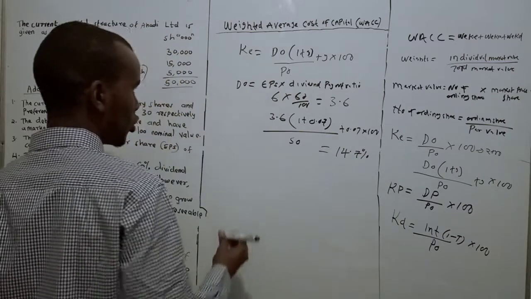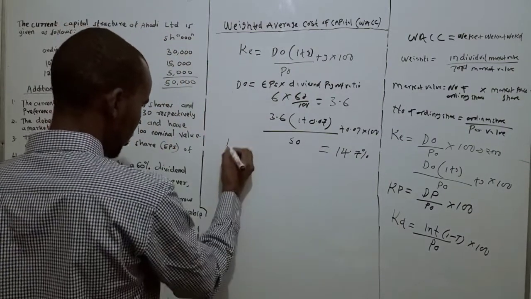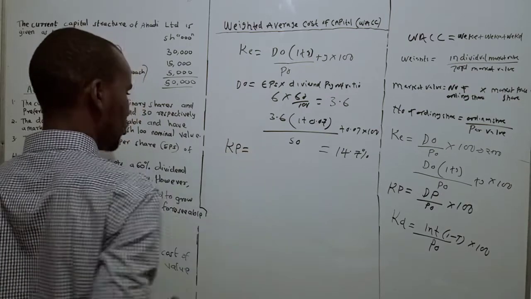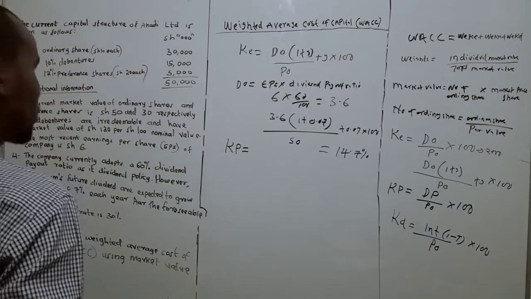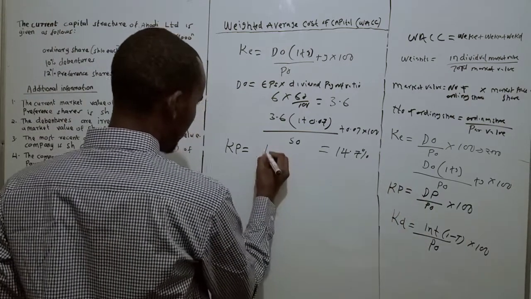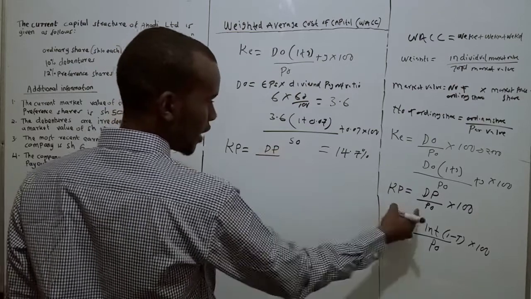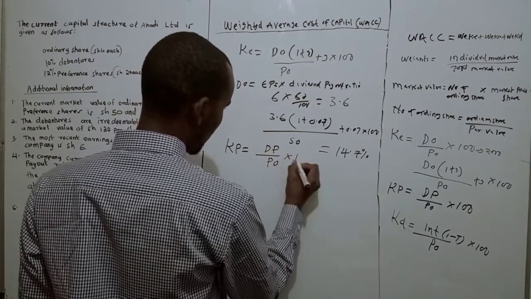Let's now go to the cost of preference share. Remember, it is the dividend per preference share divided by the market price per preference share, then multiplied by 100.